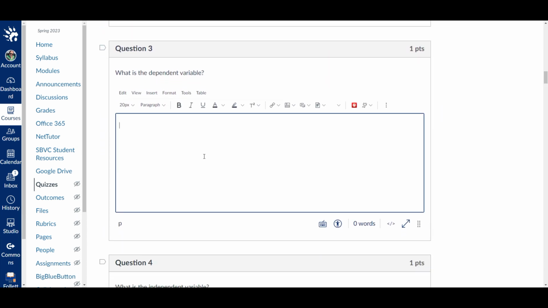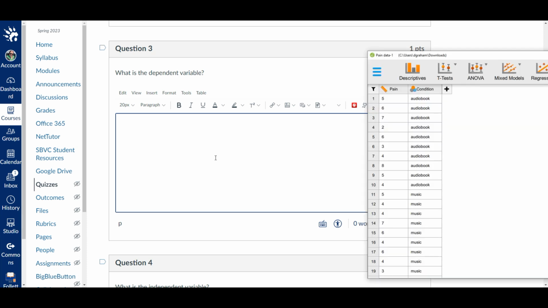Now, in this scenario, what's our dependent variable? What is the thing that we think depends on something else? Do we think that which condition they're in depends on how much pain they're in? Or do we think that how much pain they're in depends on which condition they're in?